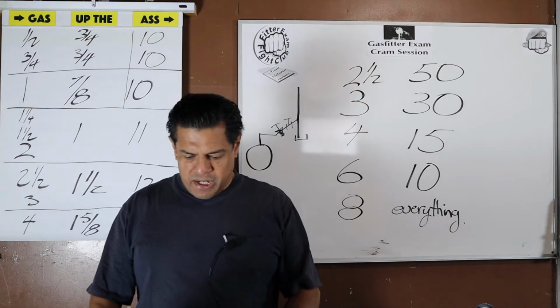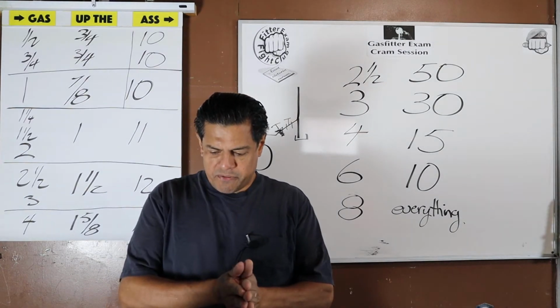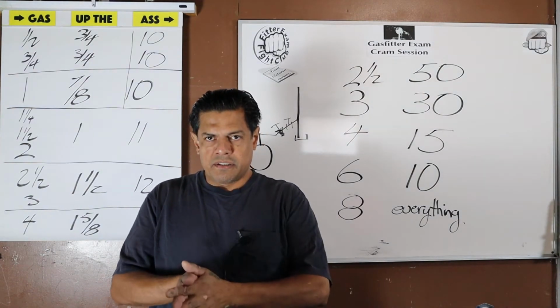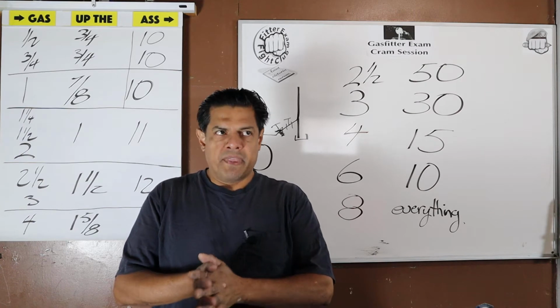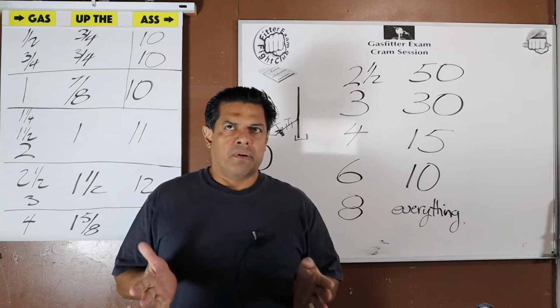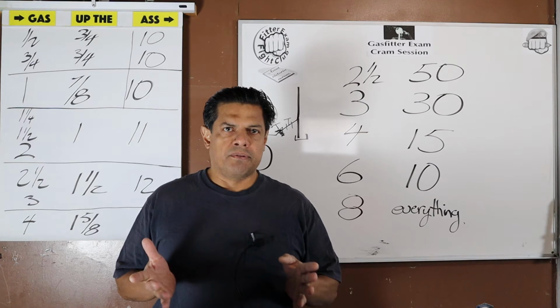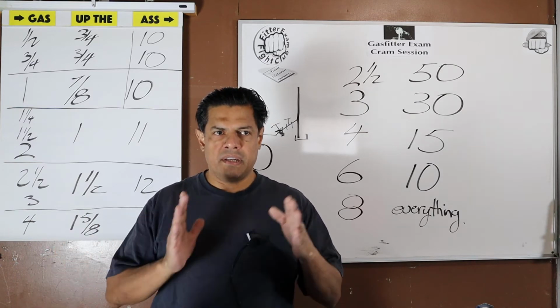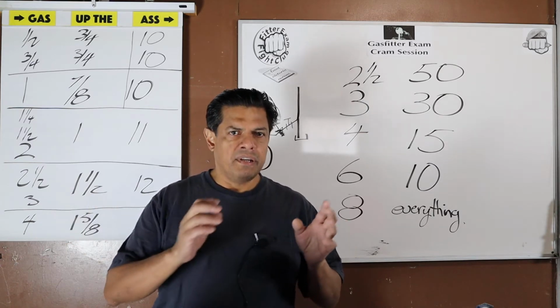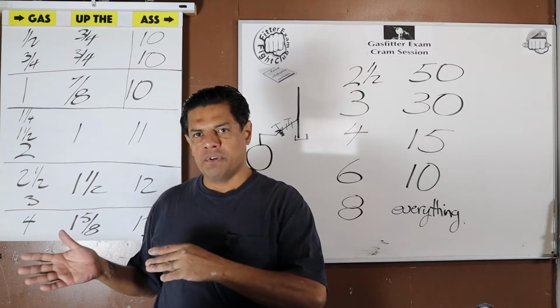Okay, we touched upon the volume of gas to be provided is determined by the appliance served. When I spoke about the flexible connectors to a stove, the longer you go, the less gas is being delivered to the unit.